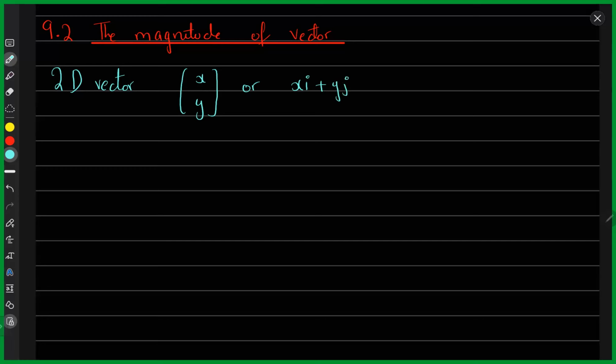These are the two representations, and the magnitude is going to be root, and then the square of the x coordinate and the square of the y coordinate, or basically the x direction or y direction. That would be more appropriate. So root of x squared plus y squared, and this is going to give me the magnitude.